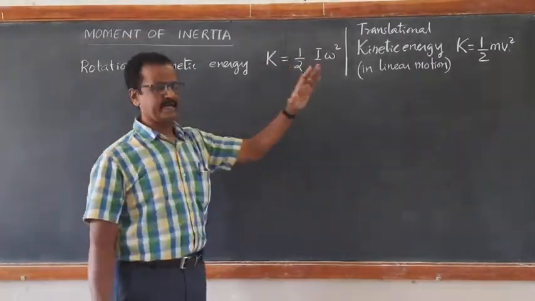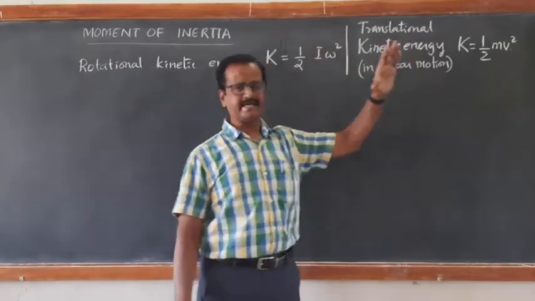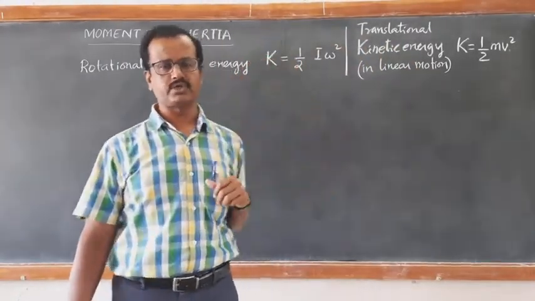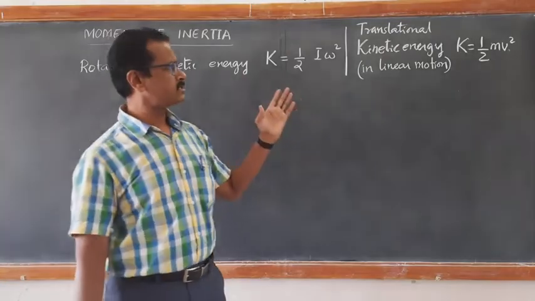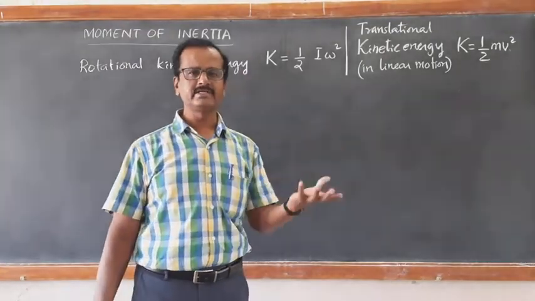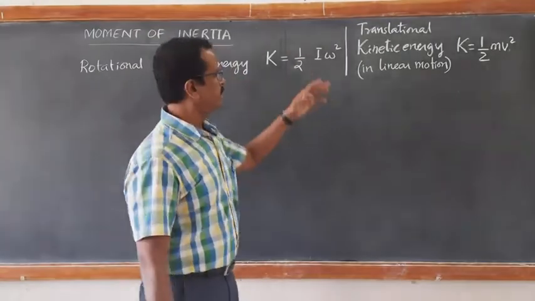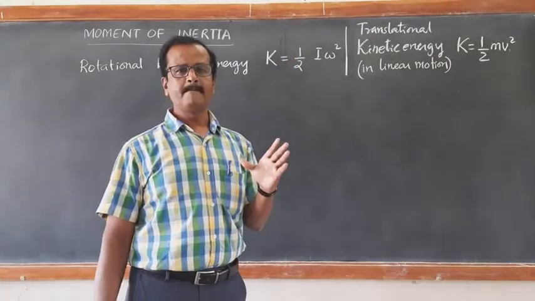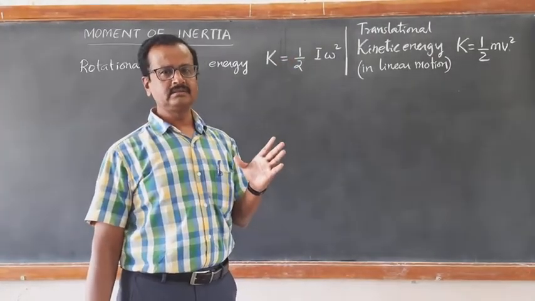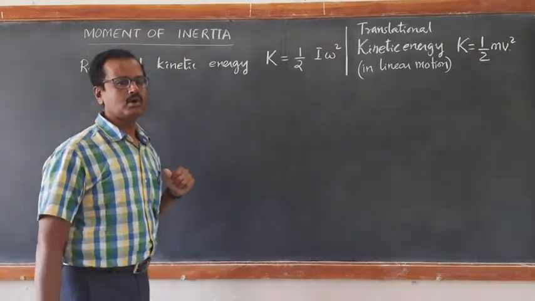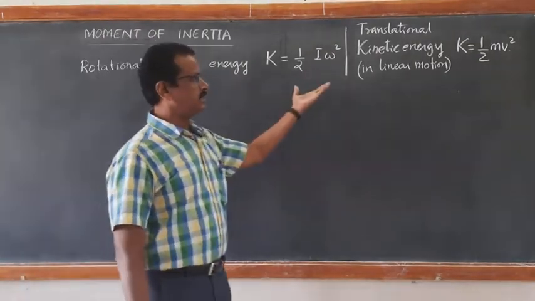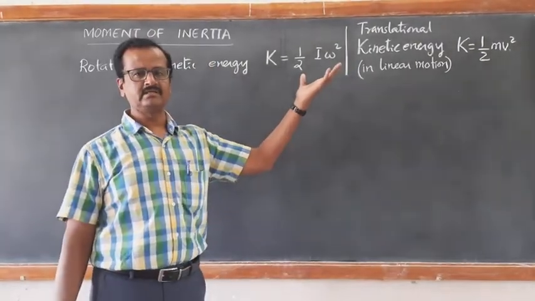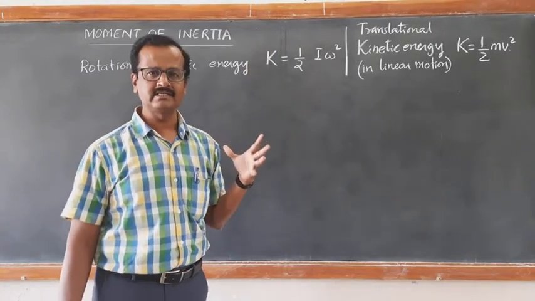So it plays the same role as the mass plays for translational motion. If mass is more, then inertia is more. The same way, if a body has more moment of inertia, then its rotational inertia is more. If it has less moment of inertia, then its rotational inertia is less.